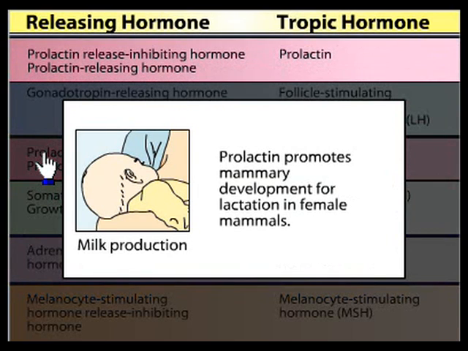Now, the prolactin releasing and prolactin inhibiting hormones are secreted from the hypothalamus. They stimulate the production of prolactin from the anterior pituitary, and the prolactin promotes the mammary development for lactation in female animals and human beings, of course.